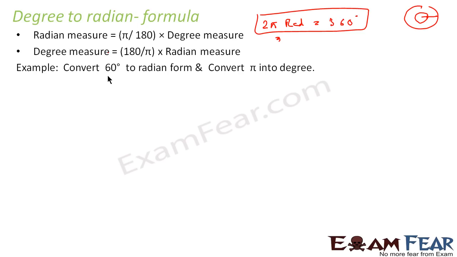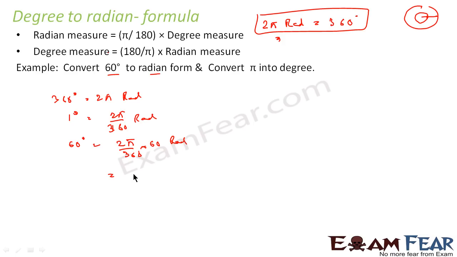For example, we have to convert 60 degree to radian. If 360 degree is equal to 2 pi radian, 1 degree is equal to 2 pi by 360 radian, so 60 degree is equal to 2 pi by 360 into 60. What comes out is pi by 3 radian.